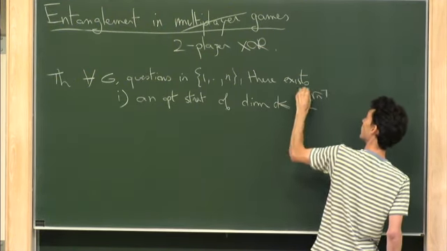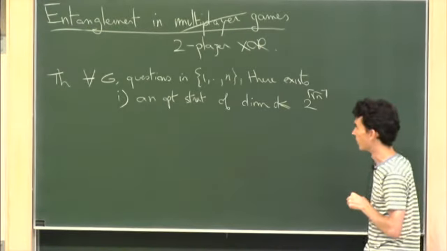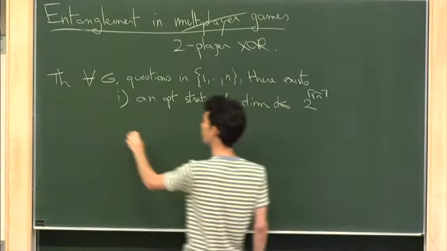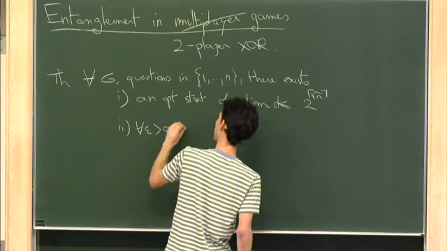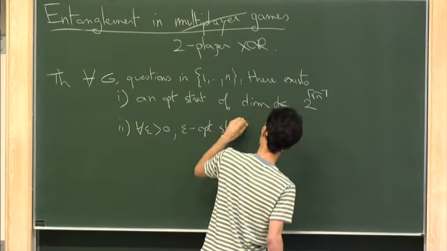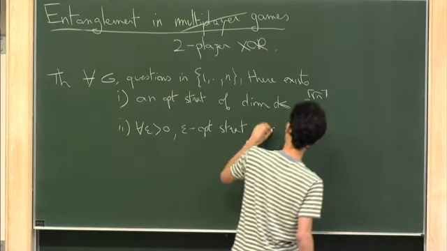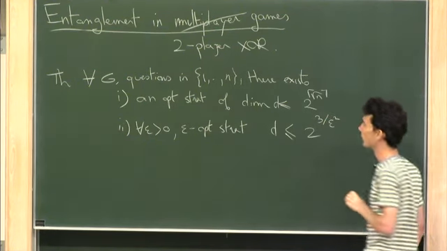Actually, I only showed you 2 to the n, and then I said, well, if you're a little bit careful, you can prove this bound. So this was due to Tsirelson. And then we also showed that for every epsilon positive, there is an epsilon-optimal strategy that has D less than 2 to the, and I think if you're careful, you can get constants like this.